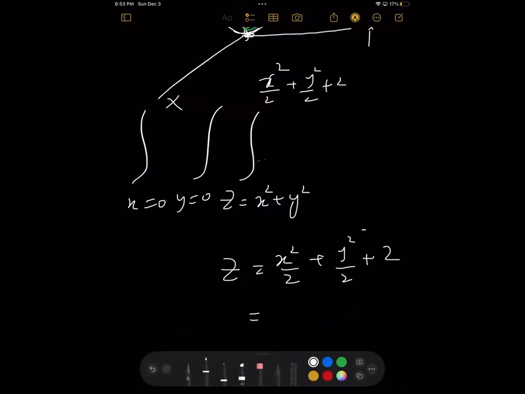So z is 0... okay. So I made some mistake here.